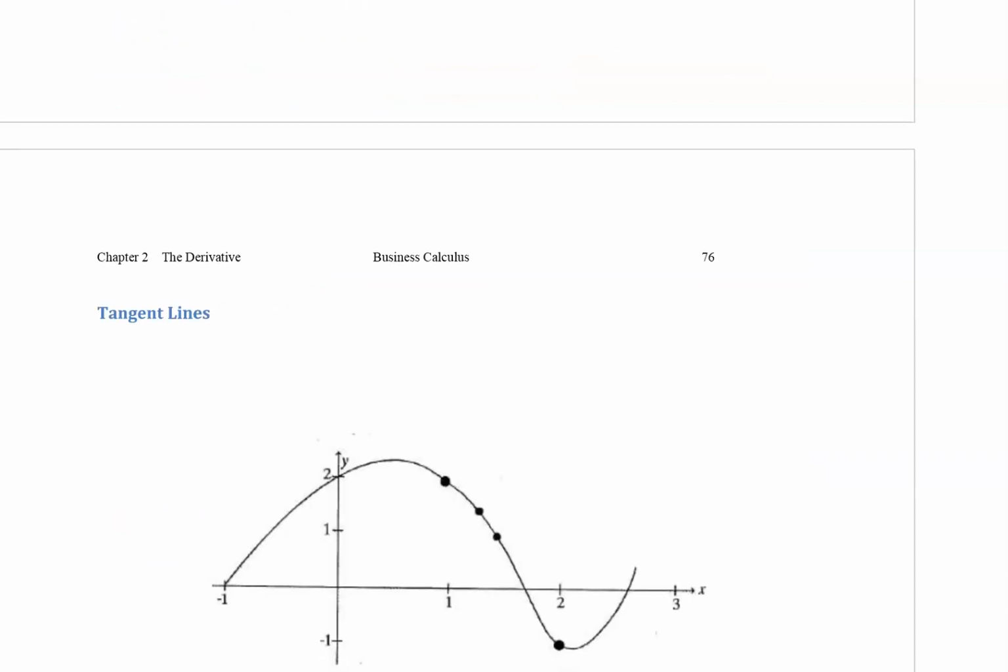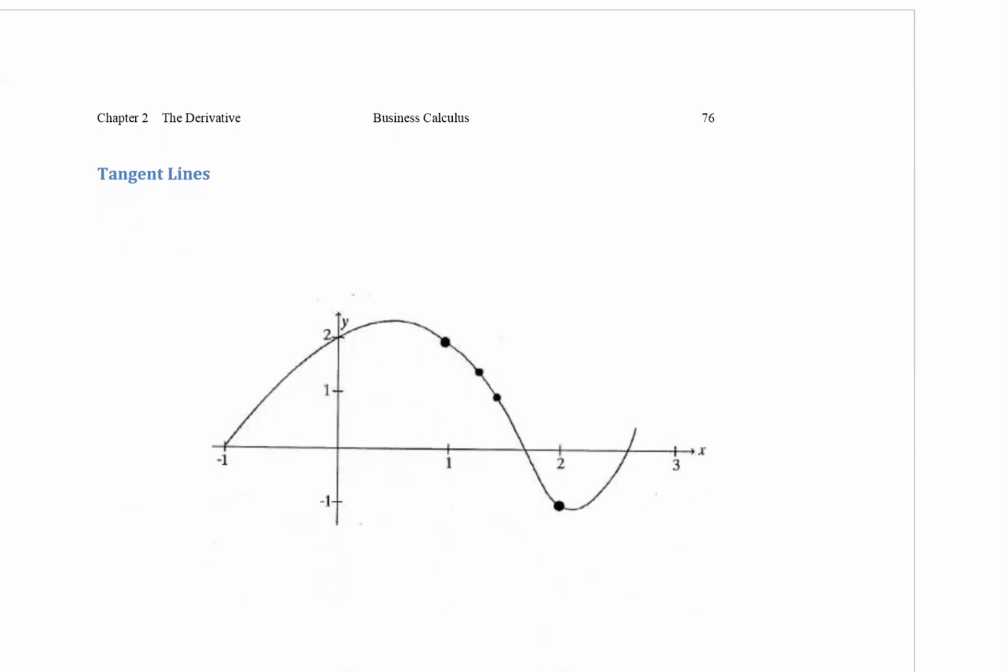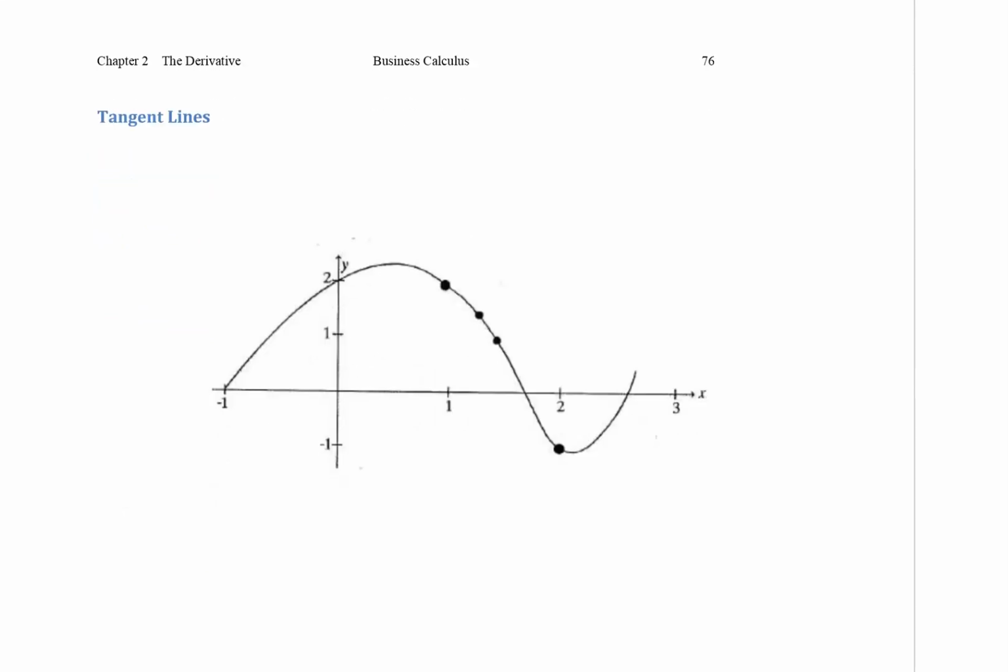On this next part, I have a graph here. Let me move it up for us. We've got our curve and some points, and I want to find some information. The first thing I want to do is find the slope between 2 points: the point (1, 2) right here, and the point (2, -1).